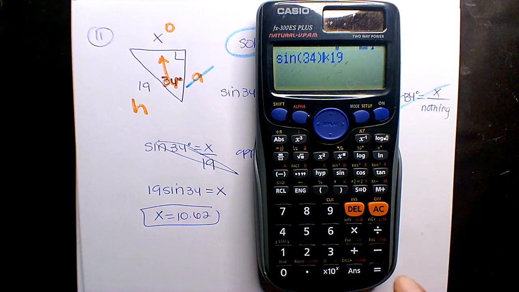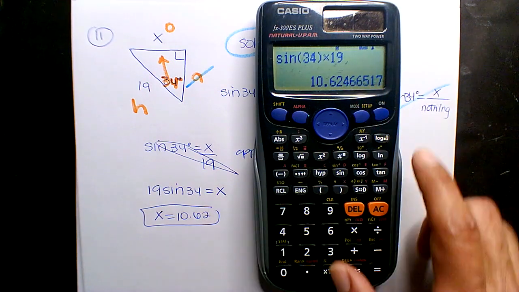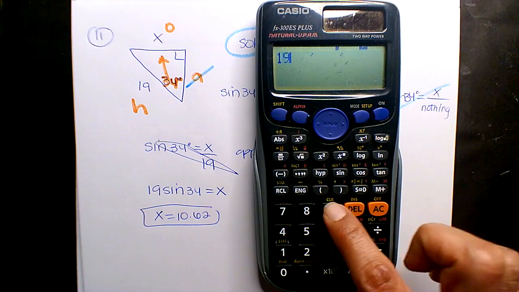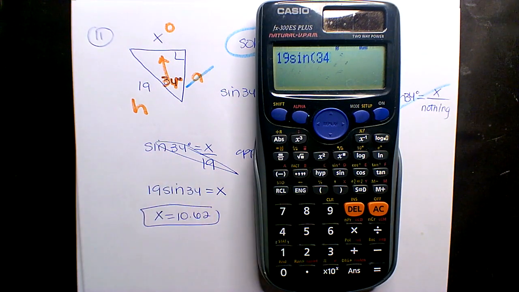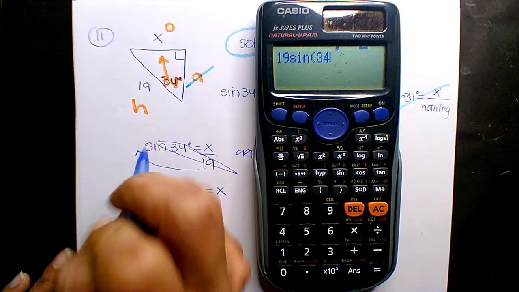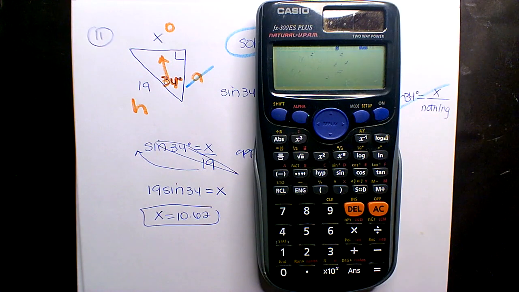If you contain the degree, then multiply the side length, now we get the right answer. So to avoid that, when you're doing the cross product property, just put it in the front, just in case you forget to close a parenthesis.